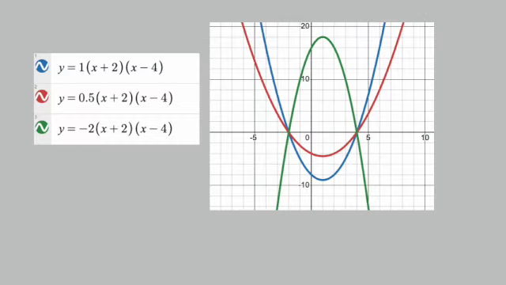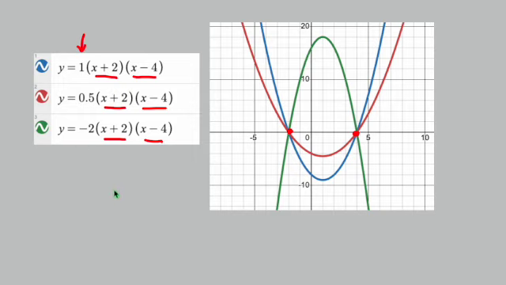The second thing you need to know is that knowing the x-intercepts is not enough to give us the equation that fits those x-intercepts. If you look at the graph here, I've got 3 different parabolas showing, and each of them has an x-intercept of negative 2 and positive 4. You'll notice in every single equation over here on the left, there's x plus 2 and x minus 4. The difference is this multiplier out in front. One of them is a 1, one's a 0.5, and one's a negative 2.